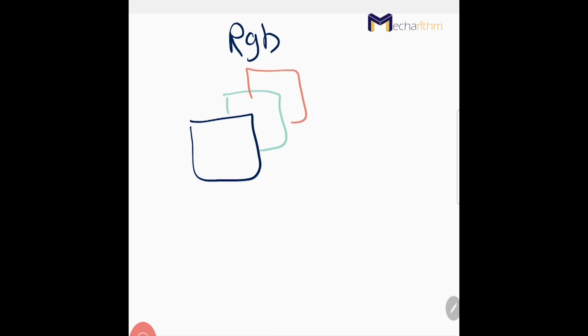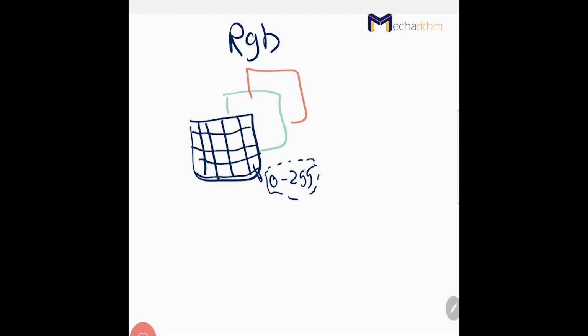Each of these matrices has rows and columns that look like this, and each element of each matrix has a value that is called the depth, which ranges from 0 to 255. This number represents the strength of that particular component in that particular location in the image.